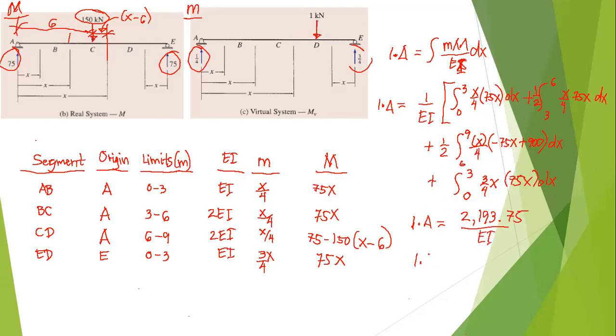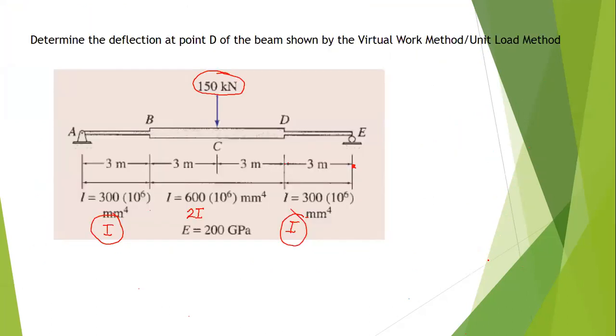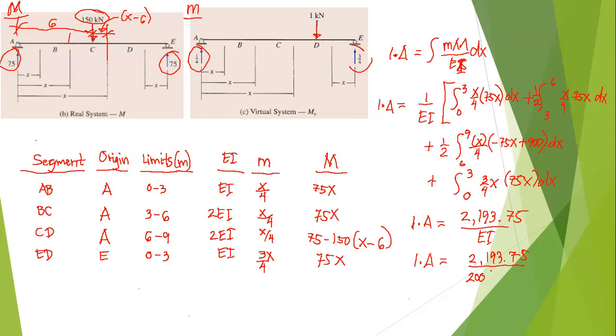And we have 1 times delta is simply equal to 2,193.75 over, what was our value? E is 200 and our I is 300.